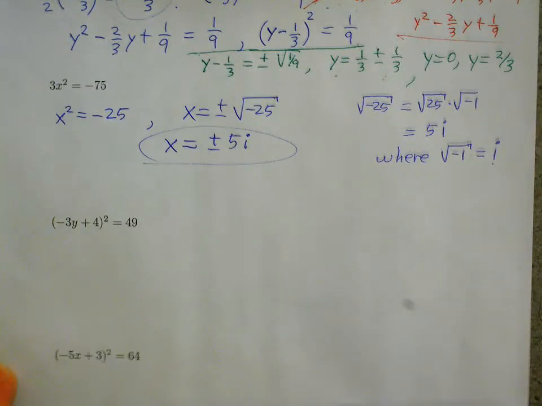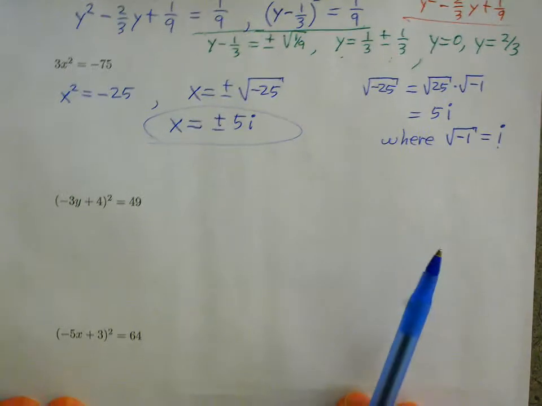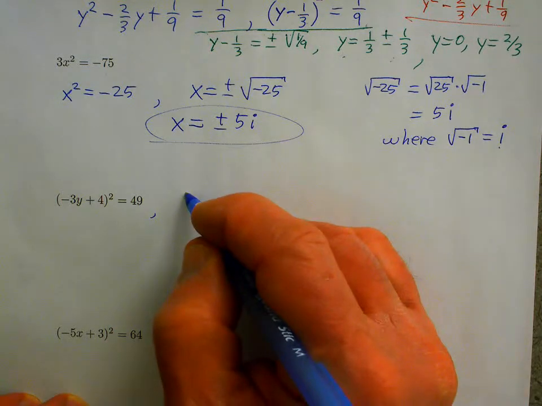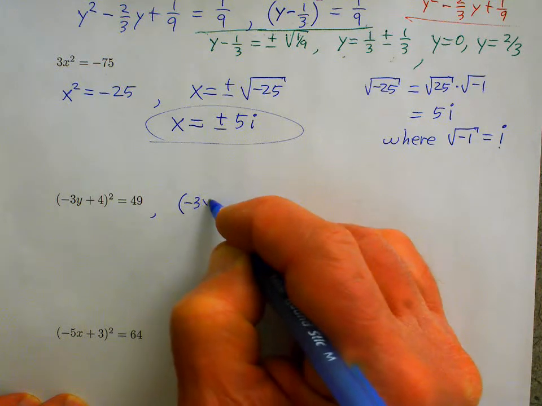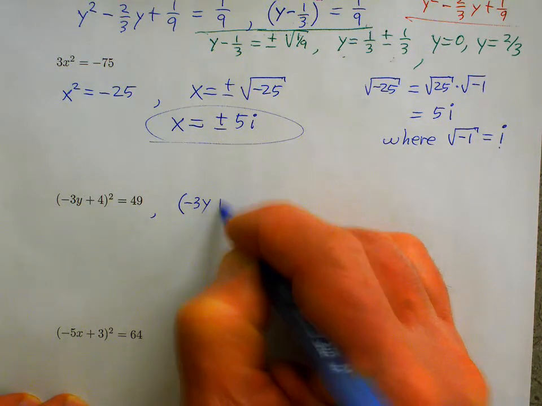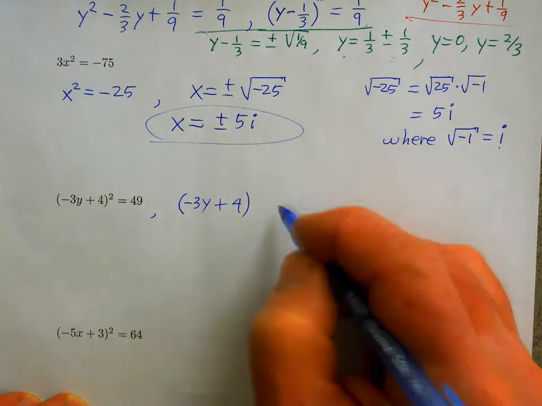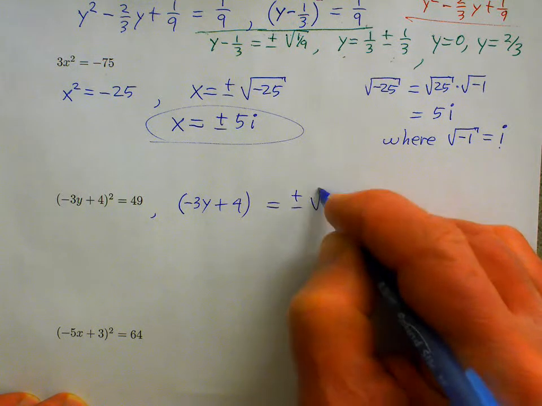Here, the next example, the binomial negative 3y plus 4 squared equals 49. So apply the square root property. We get negative 3y plus 4, I don't really need those parentheses, but that's equal to positive and negative square root of 49.